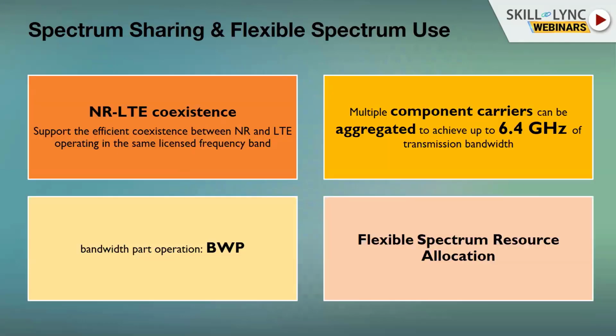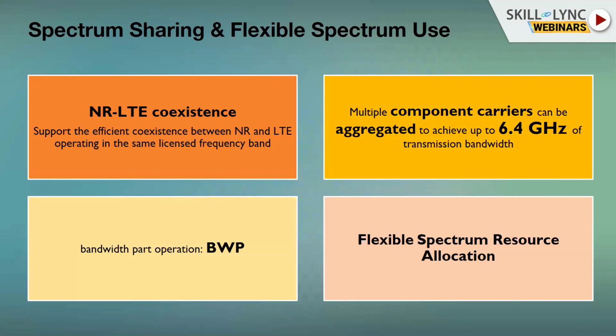To conclude, it is worth noting that NR, or 5G, supports flexible spectrum use through mechanisms including the following. Multiple component carriers can be aggregated to achieve up to 6.4 gigahertz of transmission bandwidth.